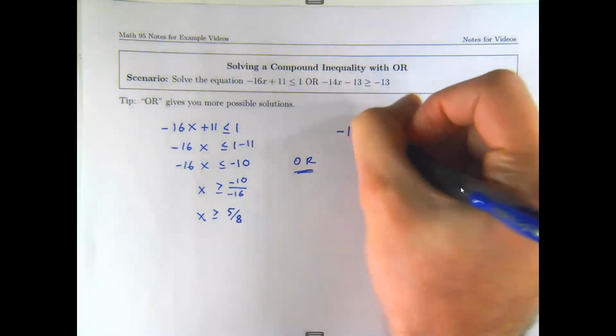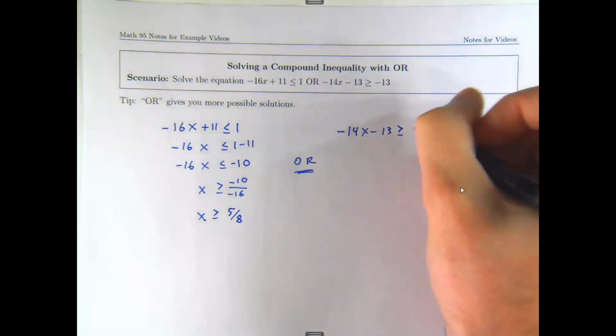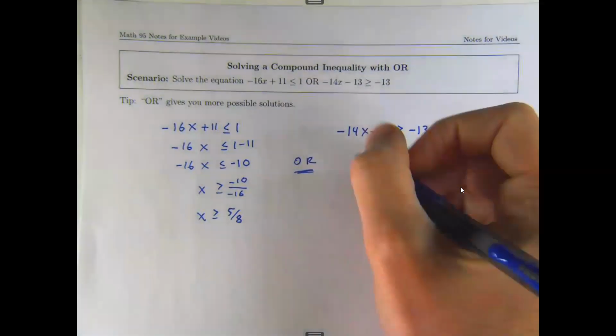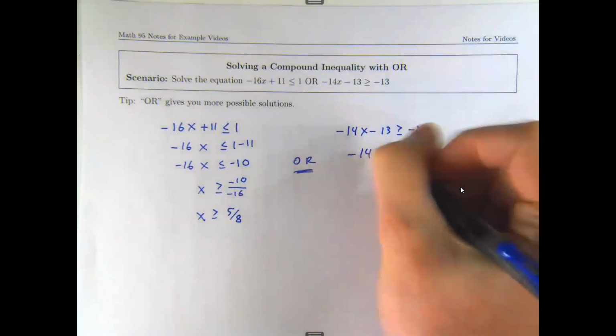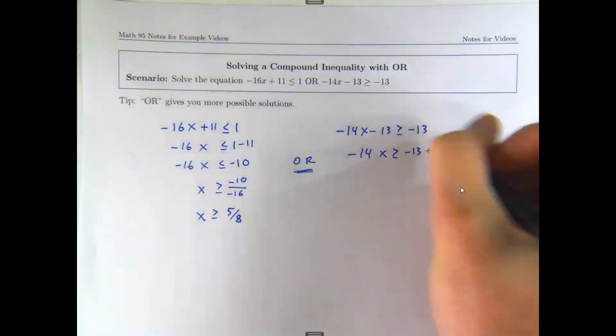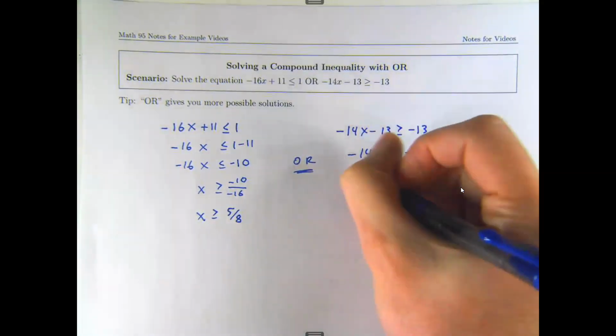Negative 14x minus 13 is greater than or equal to negative 13. I'm going to add 13 to both sides. Negative 13 plus 13 is going to give me 0.